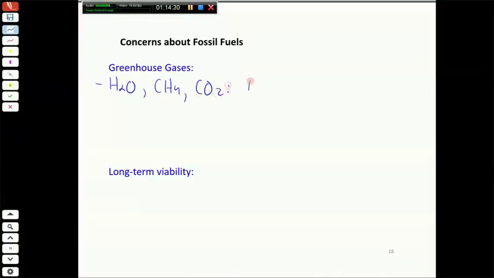So these are gases that are known to trap heat. So the solar radiation that passes through these is trapped or not able to reflect back into the atmosphere as readily. And so there's some concerns that these will warm the surface of the Earth.